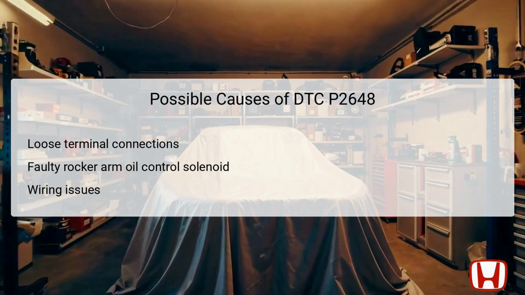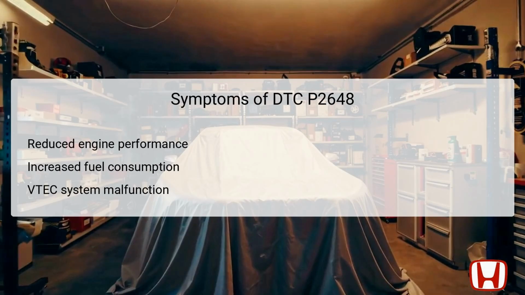The emergence of DTC P2648 can manifest several symptoms, significantly affecting the vehicle's performance. Notably, drivers may experience reduced engine performance, particularly during high-demand conditions, due to the compromised operation of the VTEC system.